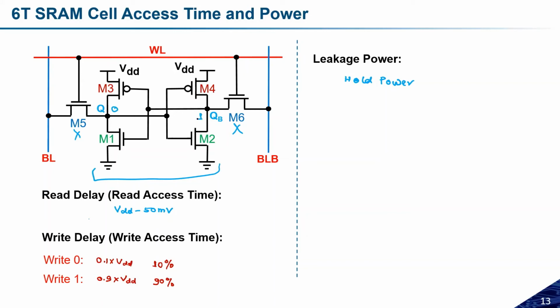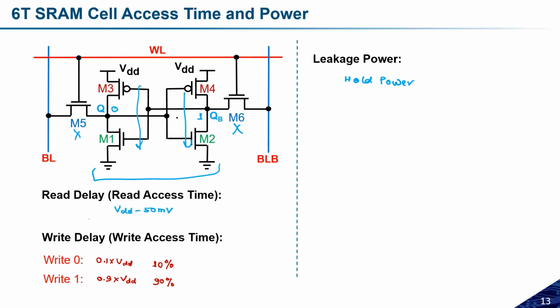Because Q is 0 and QB is 1, there is leakage power dissipation in both inverters, since one of the transistors in each inverter conducts, and in deep micron technologies this leakage current component is larger. So leakage power dissipation is a serious challenge.